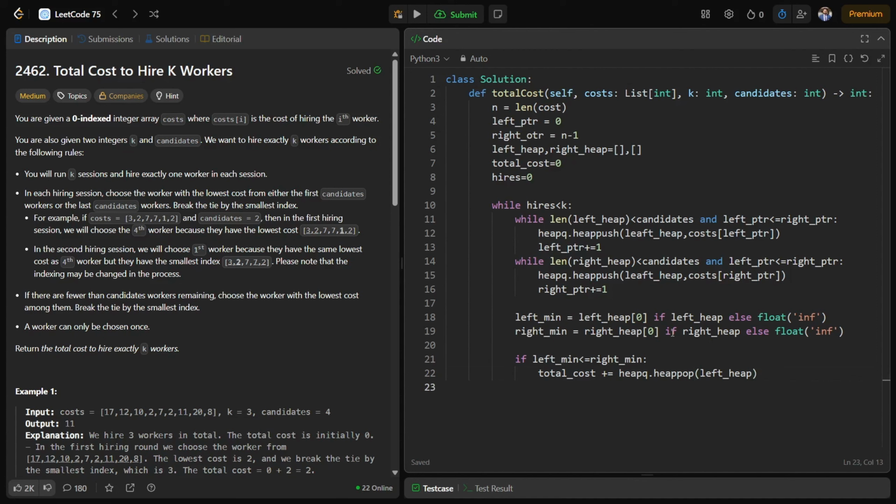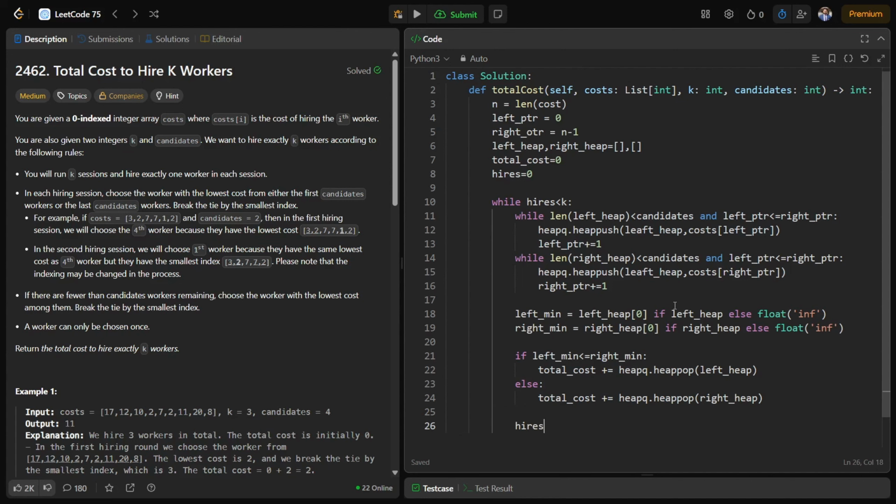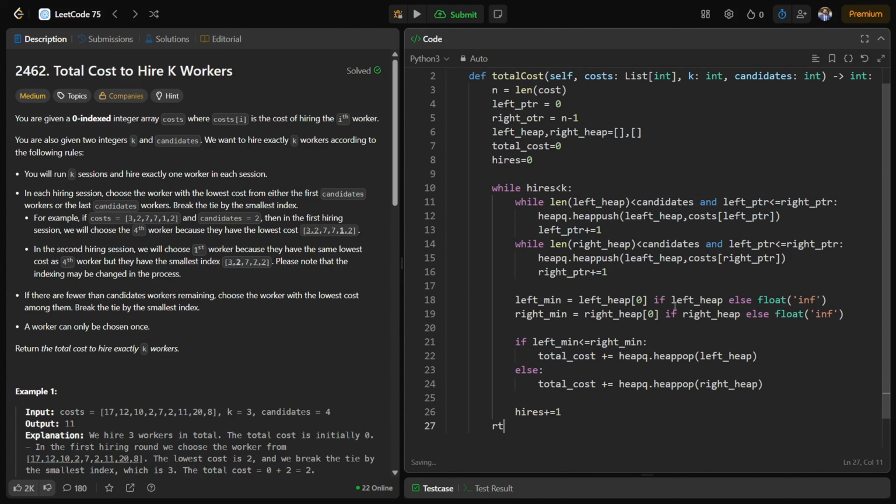It will basically pop the minimum value directly. Else total cost will be heapq dot heappop right heap. Makes sense? Then after that, we will increment the count of hires by 1, and I will return the total cost.